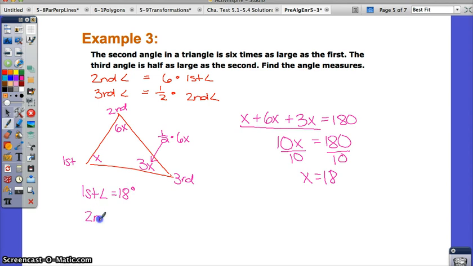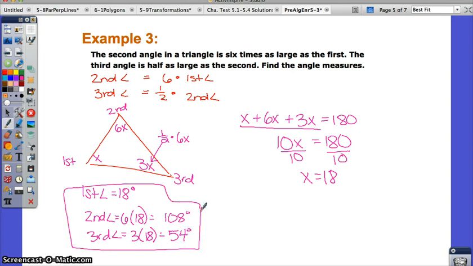The second angle's measure was 6 times the 18, and that's going to be 108 degrees. And the third angle was 3 times the 18 degrees, and that's going to be 54 degrees.